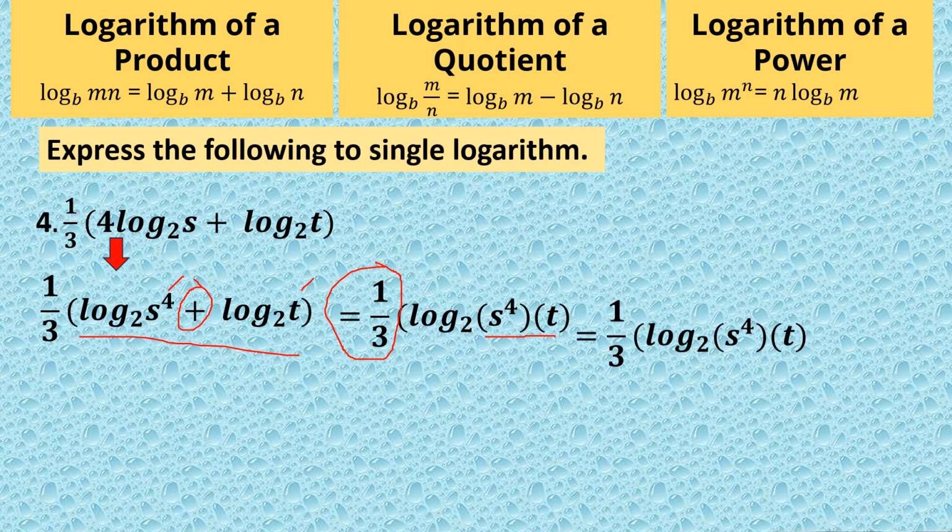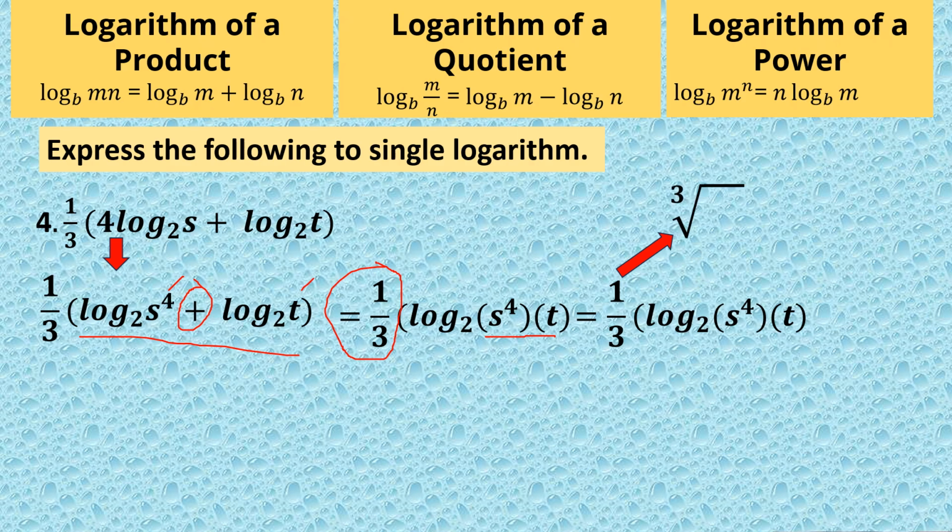So the next step is we are now rewriting that 1/3. If we are going to remember the index, if we raise it as a fractional exponent, that will be expressed in this way. This is cube root.